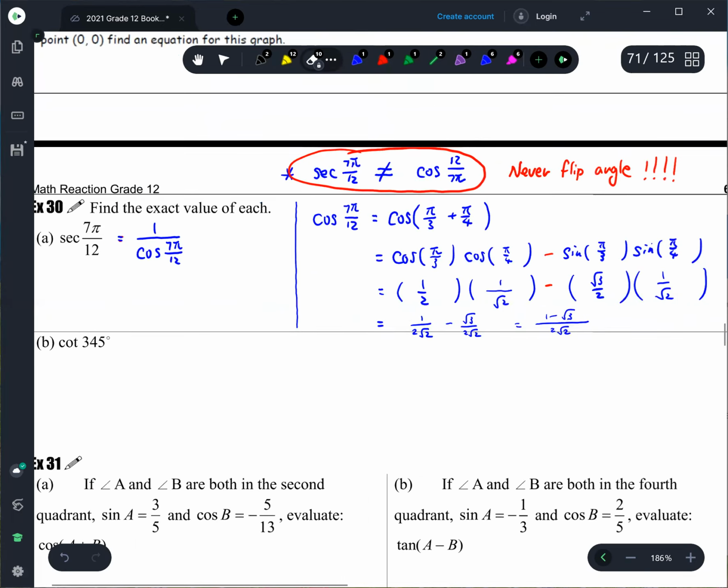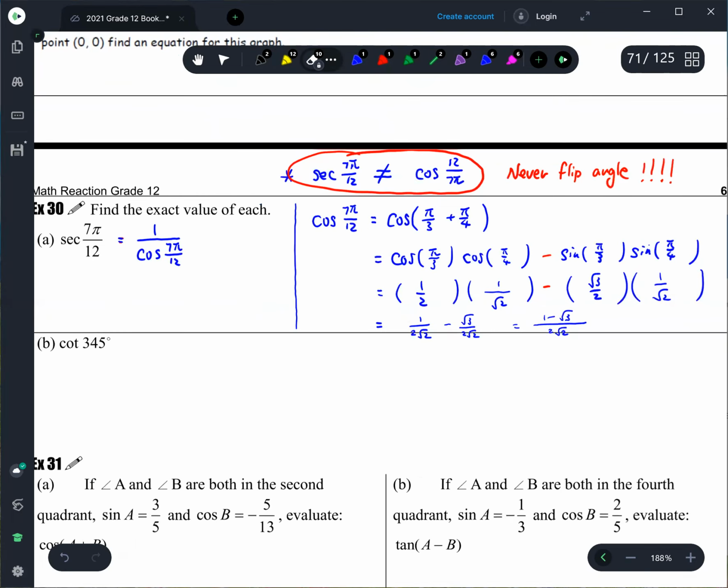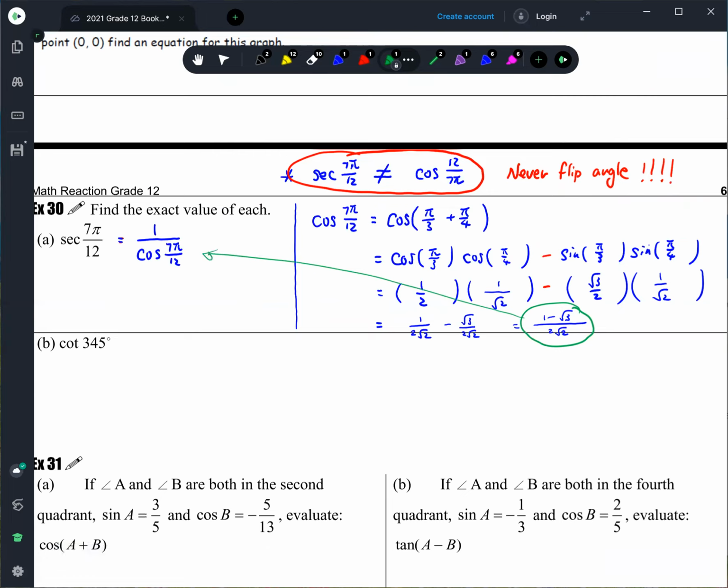Okay, and then we are going to move back. Remember we did the cosine, but then the question was secant. So we need to bring our answer here, the green one, and then plug it back to there, meaning you need to take the reciprocal.